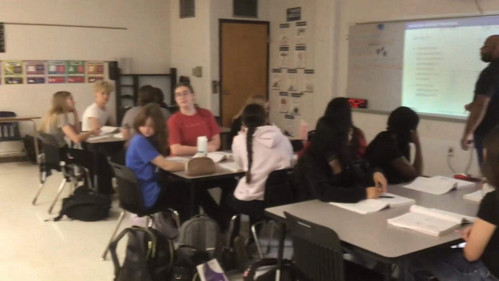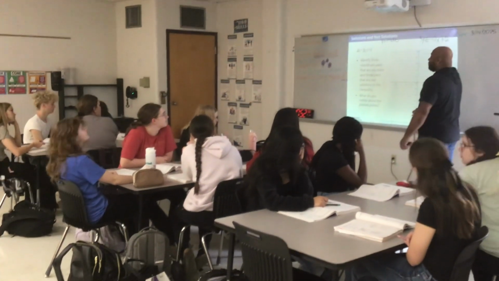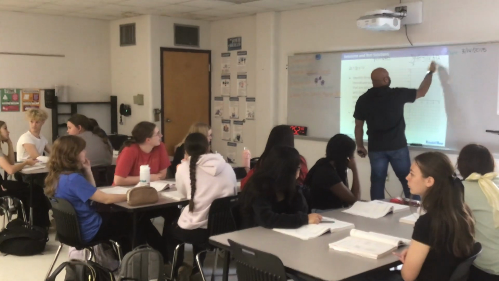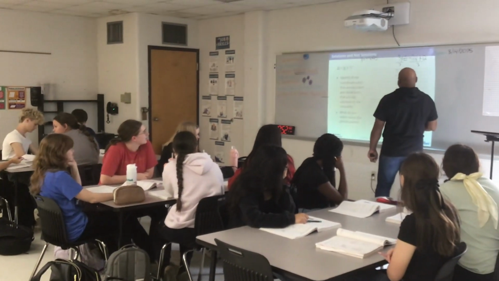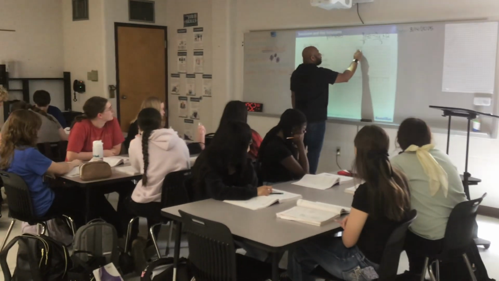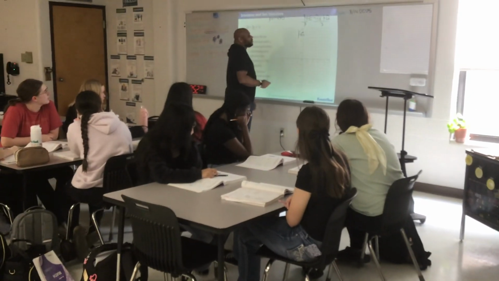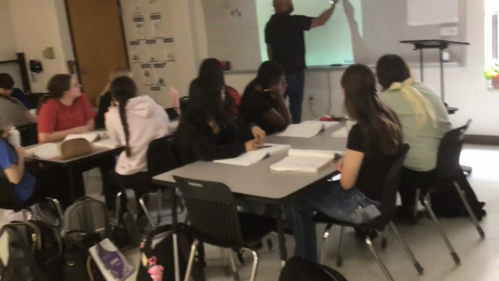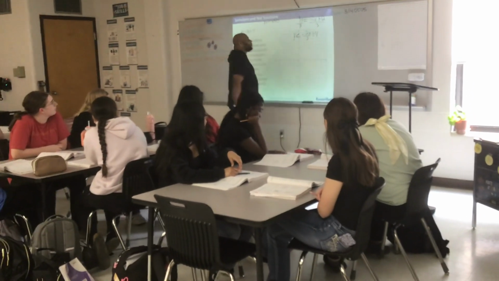Okay, what do I do next? I need y by itself. Thomas? Divide y by 3, and then divide -2 by 3, and 12 by 3. Very good, thank you. So that leaves us with y less than or equal to -2x over 3 plus 4.